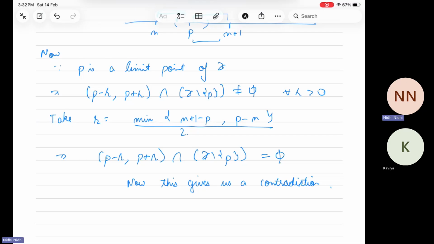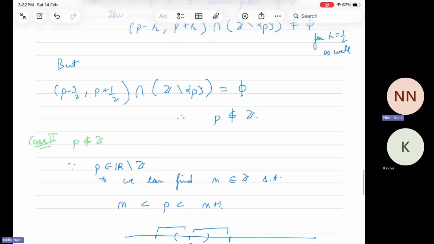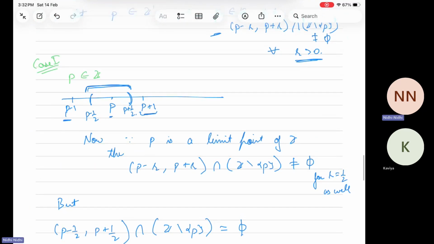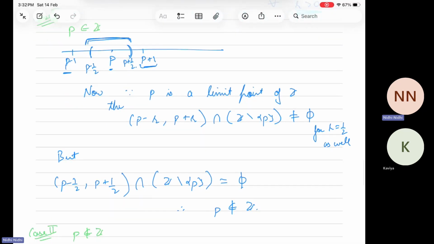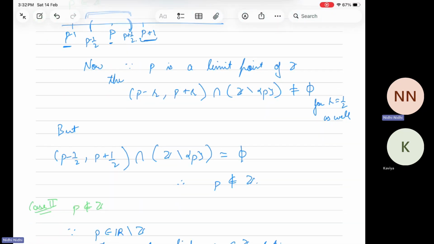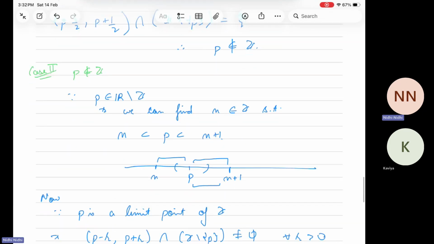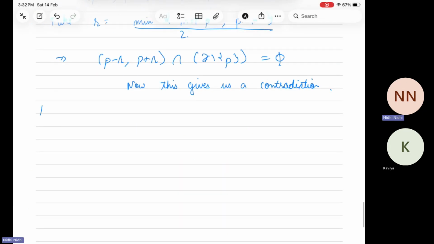Now this means that if P is a limit point, then it is neither an integer nor a real number which is not an integer. So basically it is nothing. That means we do not have any limit point. Hence Z does not have any limit point.